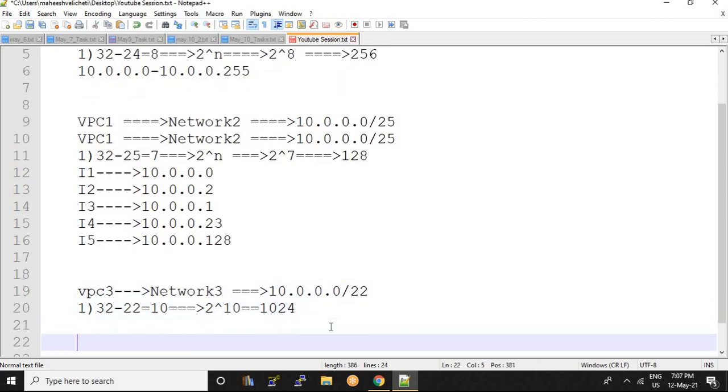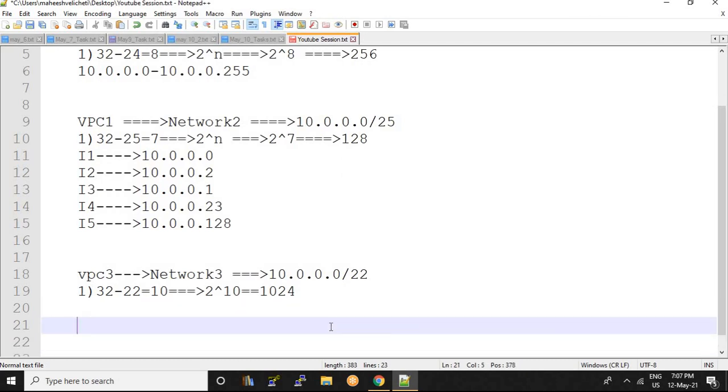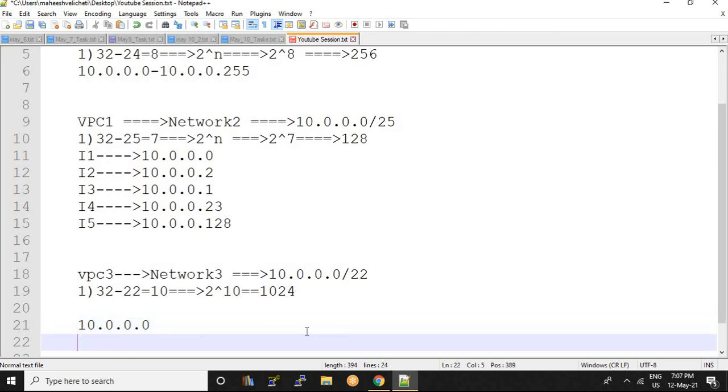Okay. So the IP addressing starts from 10.0.0.0 and it ends at 10.0.0.1024, right?